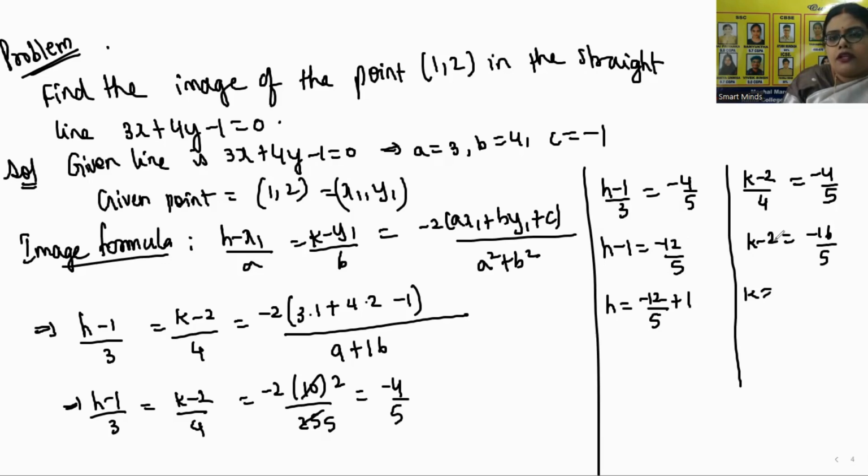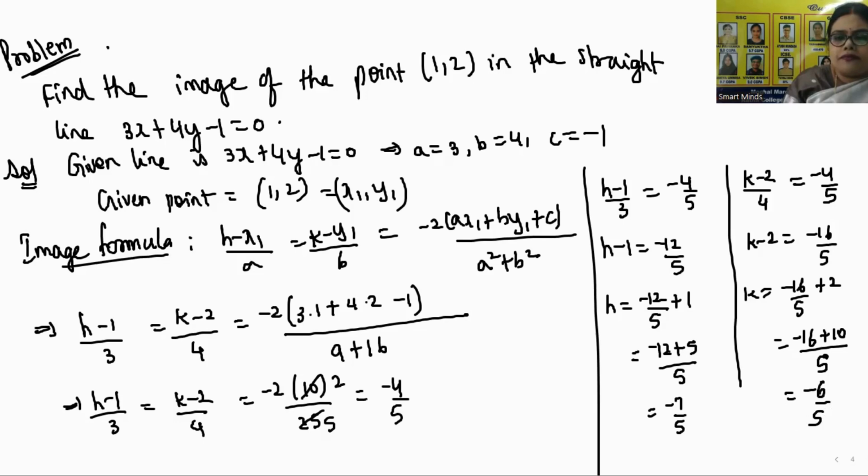Here if I take minus 2 to the other side, you will get minus 16 by 5 plus 2. Now you take LCM: minus 12 plus 5 by 5. And here if you take LCM, you get minus 16 plus 10 by 5. So minus 12 plus 5 is minus 7 by 5. And here minus 6 by 5.